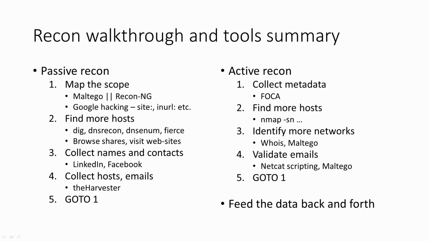After that, we most probably will go to the active phase and try to identify more hosts that are neighbors to the hosts we already have. Let's say we have 20 different host names, and they resolve to 20 IP addresses, and we see that some network prefixes appear more often than others. We will generalize over that and say, what if the client is the owner of the network?